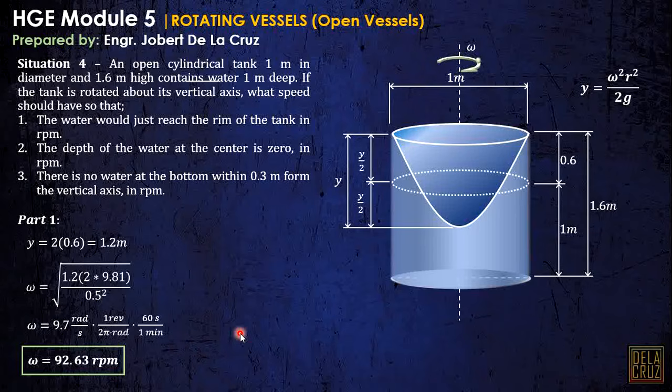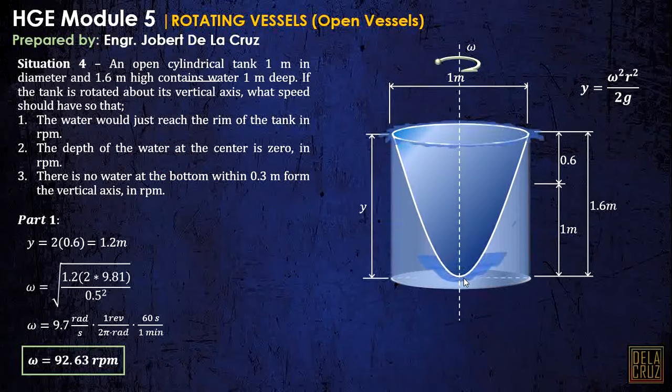Okay, number 2. The depth of water at the center is 0. Ano yung revolution natin or yung angular speed when the water at the center daw is 0? So, ito yung sinasabi niya. It will just touch the bottom dito.